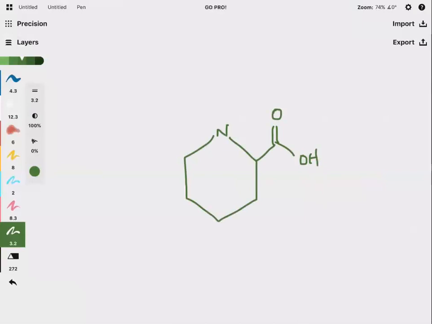So nitrogen's neighbors don't have a double bond. Here's a carbon and there's a carbon. They all have single bonds. So hopefully you said that this is an amine.